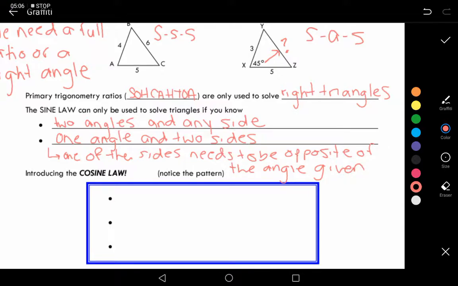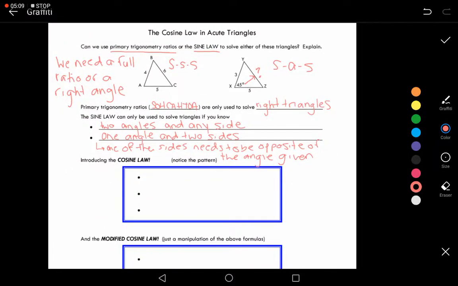So the key there is just it needs to be a full ratio. Those are just stating the different ways that you can get that full ratio.